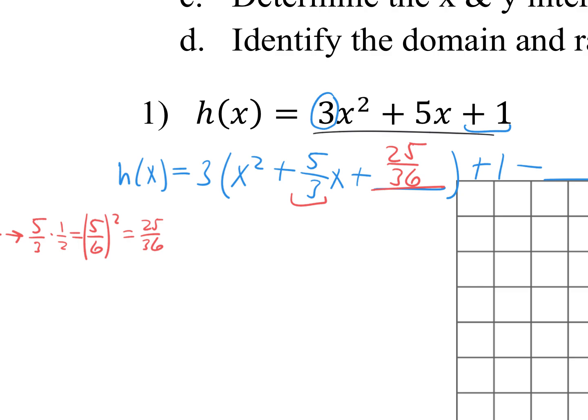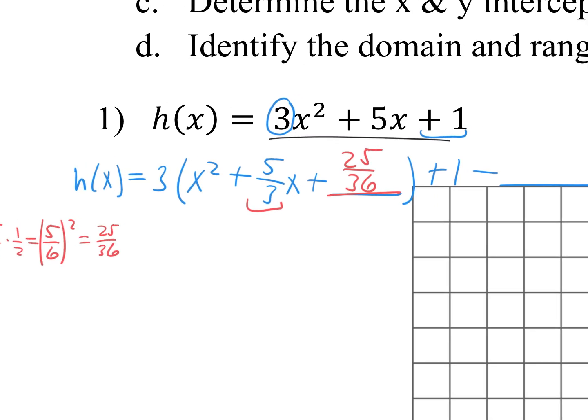All right, so that's what goes inside of the parentheses. What should go out of the parentheses in that minus spot? Okay, same thing. Is it the exact same thing? It's going to be part of it, right? 25 over 36. But what's missing? This 25 over 36 has that 3 on the outside.